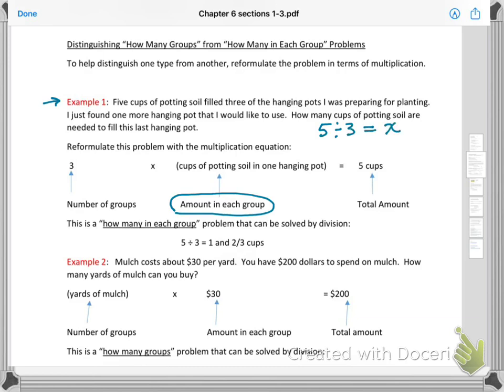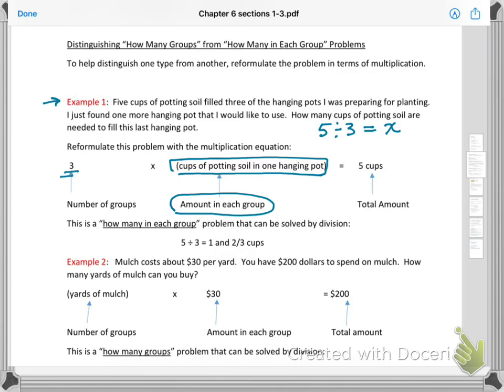But I'm going to reformulate it as multiplication. So 3, the number of groups, times how many in each group, has to equal 5. So when you're looking for the amount in each group, that's how you would set it up. So this is a how many in each group problem.